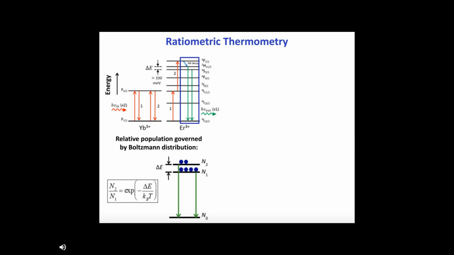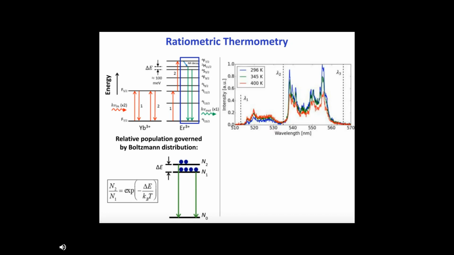The relative populations of these two excited states, it turns out, are directly related to the emission intensities from the two corresponding transitions. And we can see that by looking at single particle spectra taken at different temperatures.